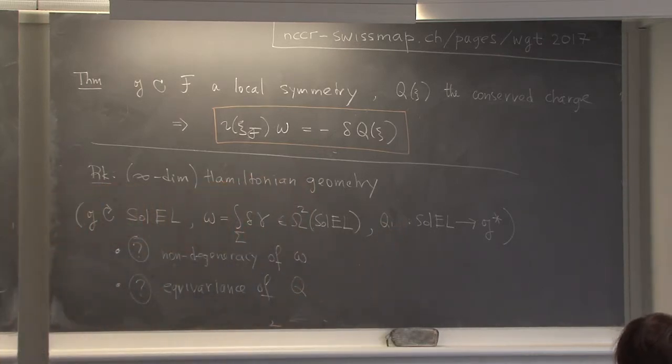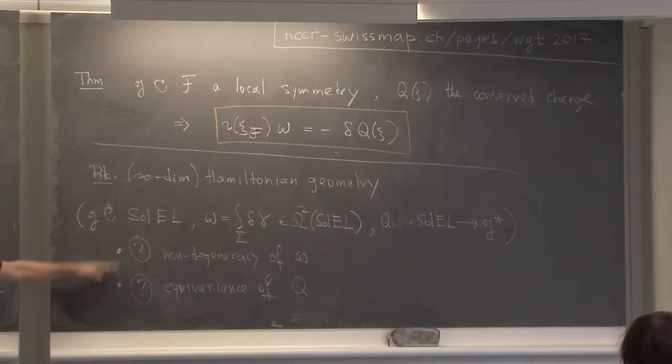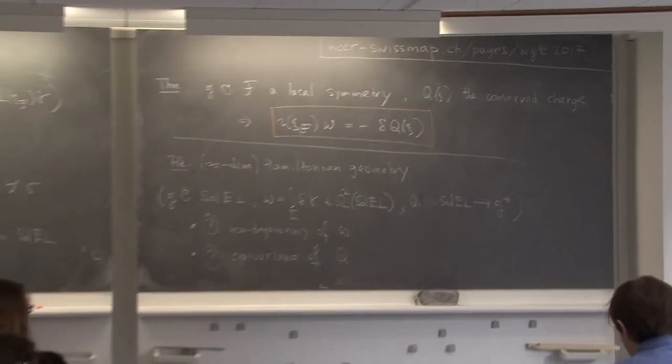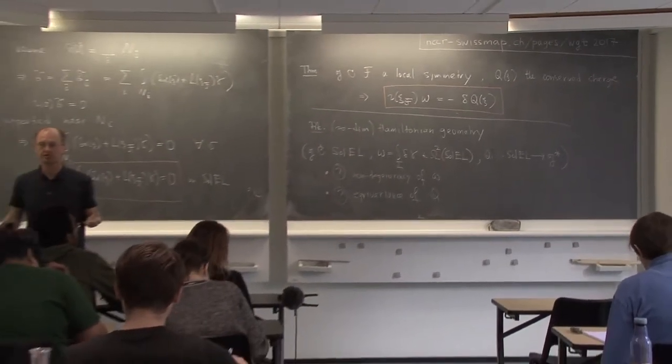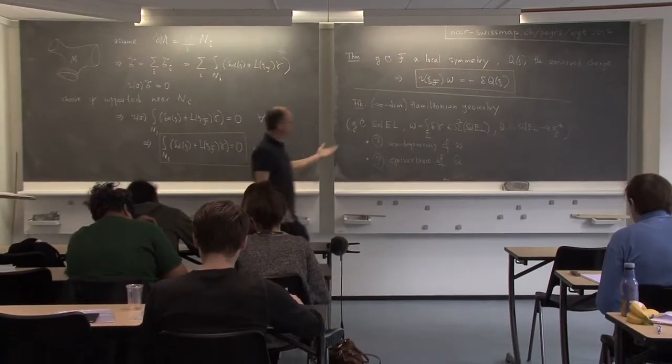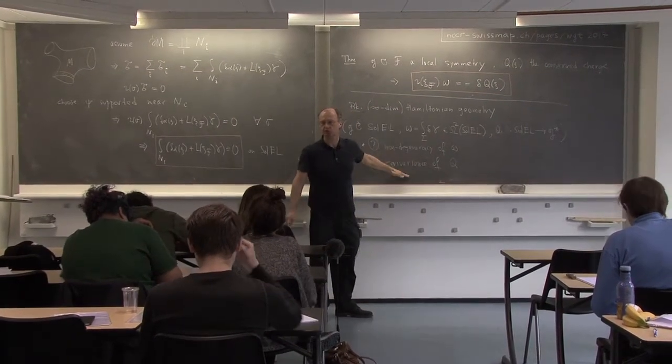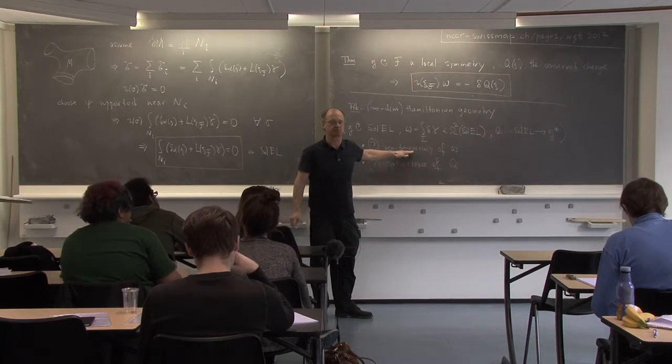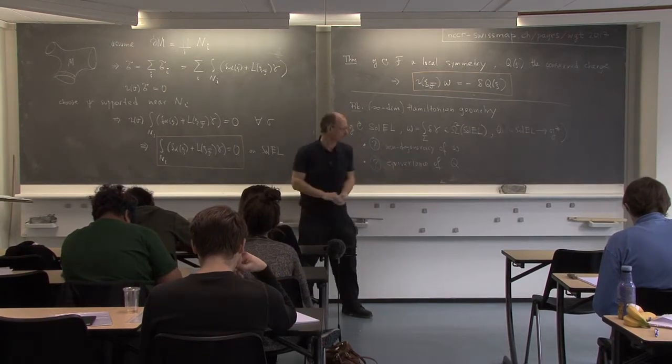It may be true. Sometimes it's true, sometimes it's simply not true. So you do get some kind of infinite dimensional Hamiltonian geometry out of classical field theory with symmetries. But this may be Hamiltonian geometry with defects or difficulties. So this may happen.